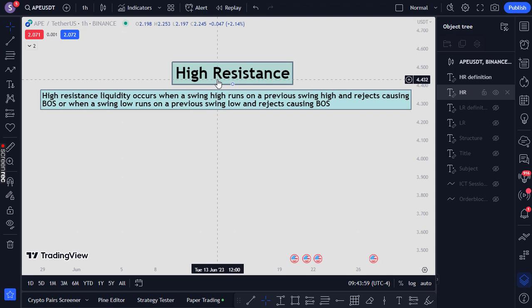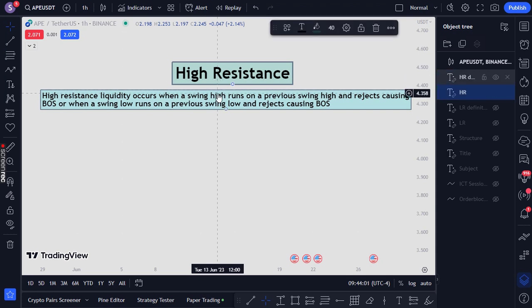Now let's see how it looks like both high resistance and low resistance in the market and how you can capitalize on these moves.